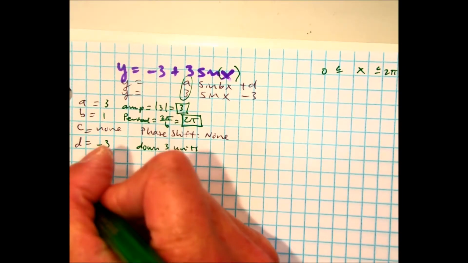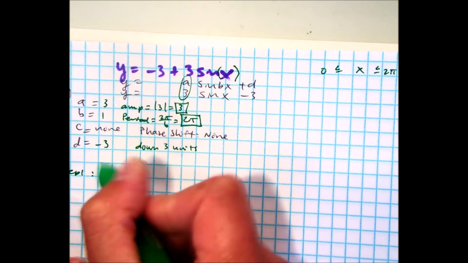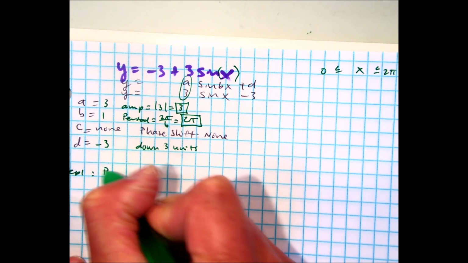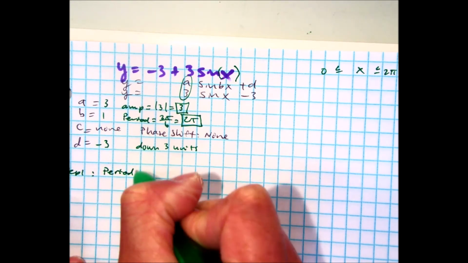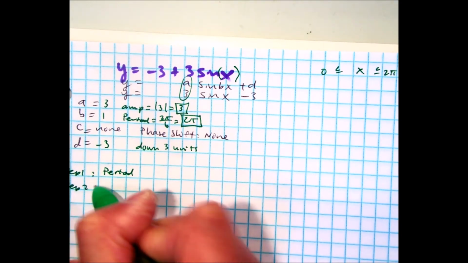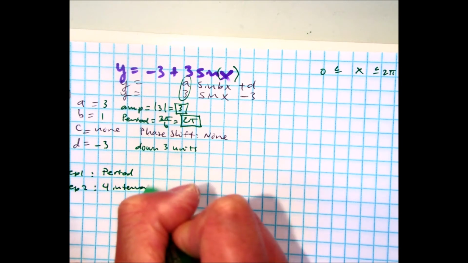Alright, let's review our steps. Step number 1. What do we do? Class, did we find the period already? Yeah. Step number 2. Let's do our 4 intervals.